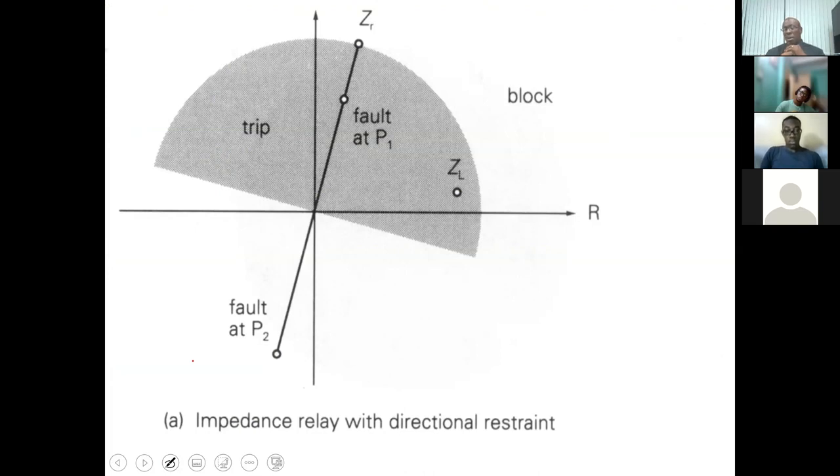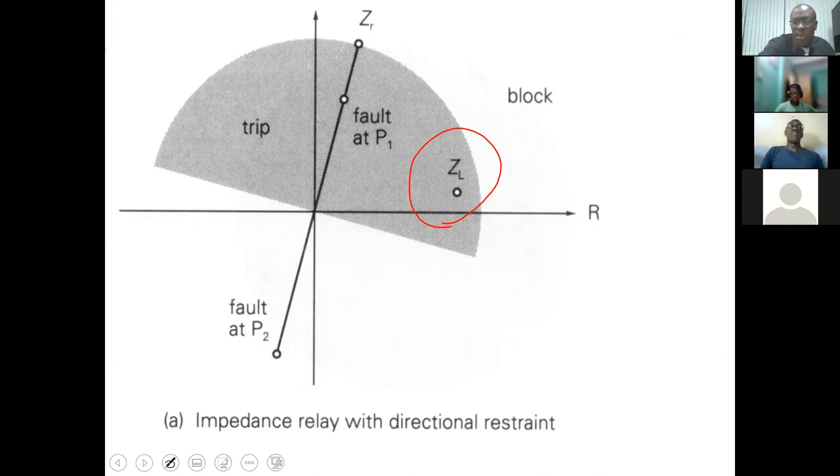But immediately we create another problem. All right? You see this fellow here? That's the load impedance. Now, when we compare the load impedance to your transmission line, it may have more resistance than inductance. And so you're getting it falling into the characteristic of the relay.